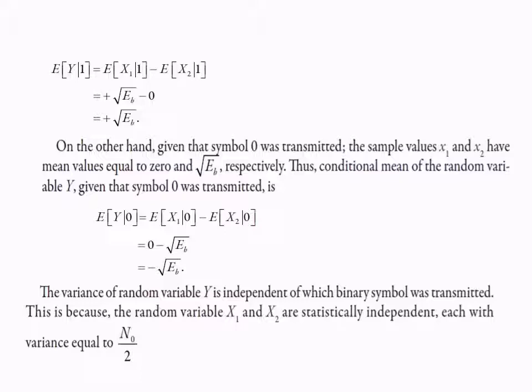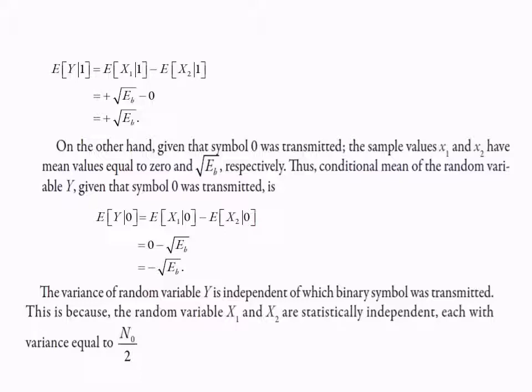Then we need to write the values of S21 and S22, that is 0 and root of EB. By substituting these values, you will get 0 minus root of EB, that is equal to minus root of EB. So in this way we have calculated the mean of y for symbols 1 and 0.